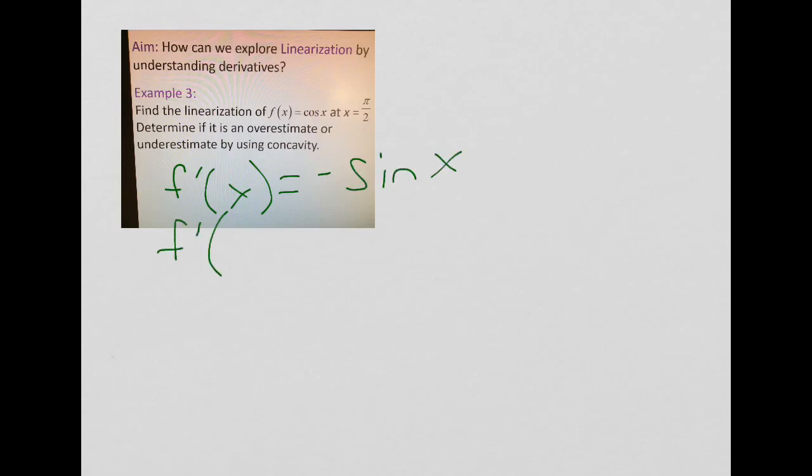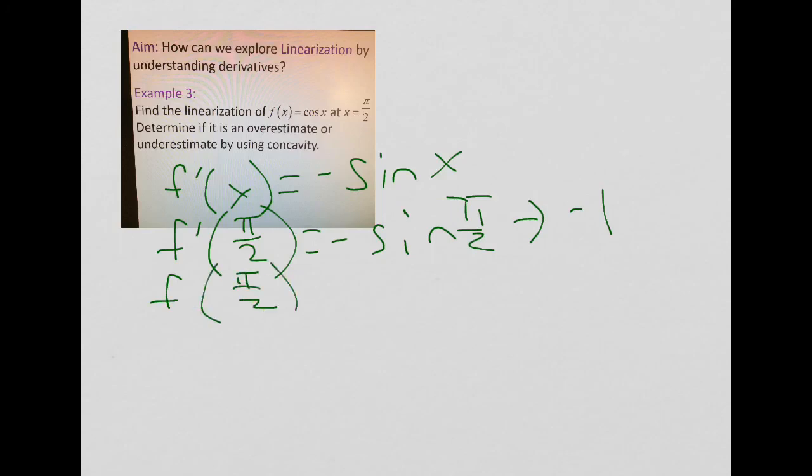And we first figure out f prime of x and f prime of whatever a is, in this case pi over 2, which turns out to be negative 1. And we need f of pi over 2, and that turns out to be 0.